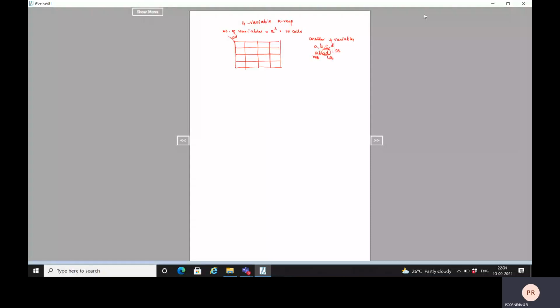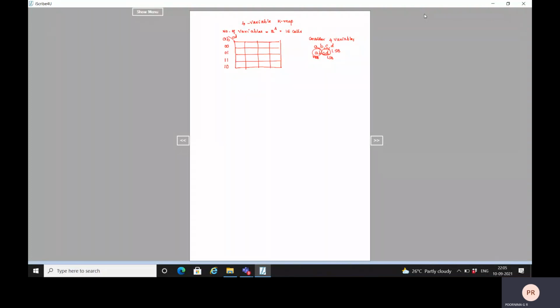If the rows are considered, there are totally 4 rows. So therefore, 2 variables are required. Let me assign AB to the rows. The possible values for the rows, keeping adjacency and redundancy removal in mind, are assigned in such a way that there is only 1 bit variation amongst the adjacent rows as well as amongst the adjacent columns.